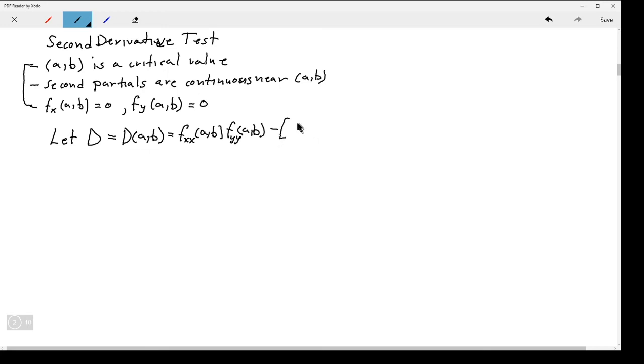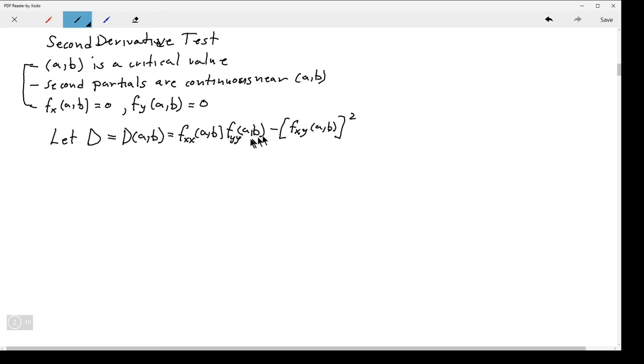So I'm going to write this as fxy of (a, b) squared. This function is our discriminant function, and it's what helps us determine what we've got.